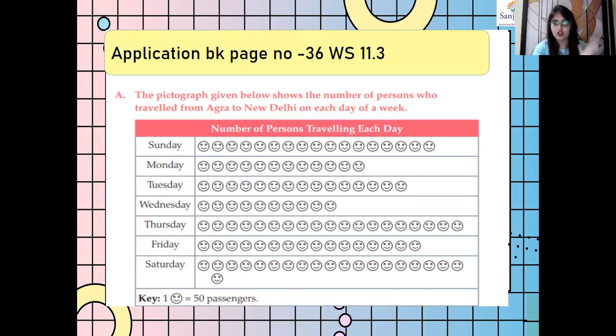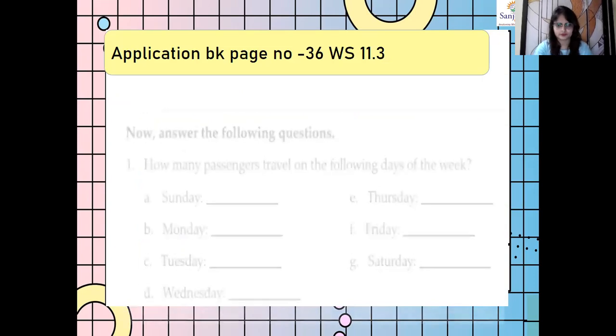So they have given you how many persons have been traveling each day from Agra to New Delhi in a week. Okay, so Sunday, Monday, Tuesday, Wednesday, Thursday, Friday, Saturday. They have given you the data for that week, and they have given you the key as one smiley face. Okay, one smiley face stands for 50 passengers.